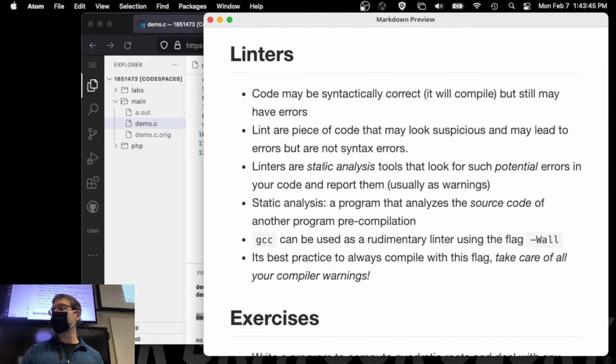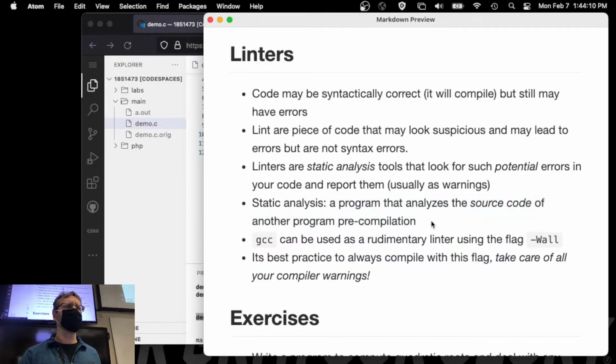But this is a static analysis tool that looks at your code before it even compiles, or as it's compiling. And it usually issues warnings for potential errors, not necessarily something that is wrong, but this is probably something that is wrong. You need to take a closer look at this, right? Again, it's an analysis tool that looks at the source code, and there are plenty of others besides GCC.